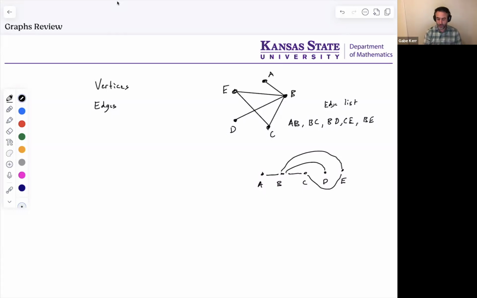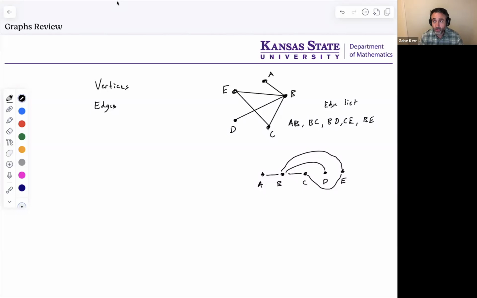And you may say, okay, well, if I look at this second picture and I look at the first picture, they look very different, right? I mean, in the first picture, all the edges are straight line segments. The second picture, they're poorly drawn, and so you might say, well, these are definitely different looking things.